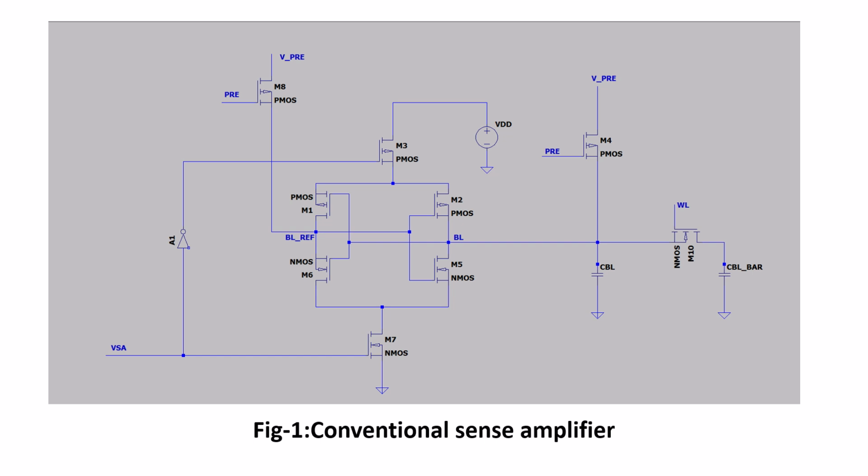Let us assume that this CBL storage node capacitance is storing the value VDD, which is known as logic level 1. Whenever we want to read the value from the storage node capacitance, we first pre-charge the bitline capacitance to the reference voltage, that is VDD by 2.